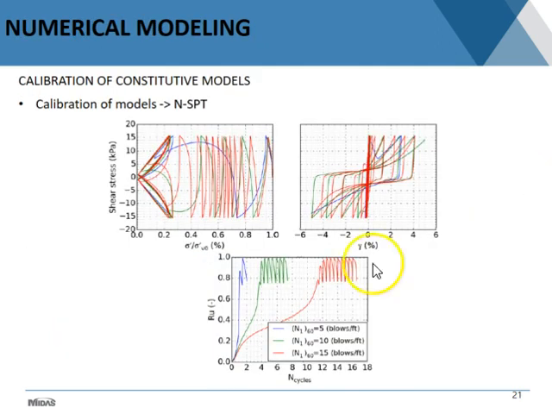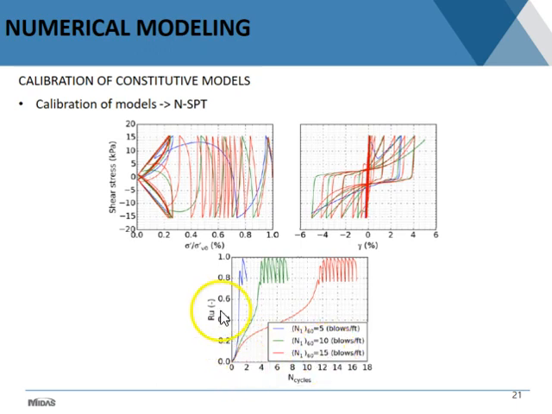Now, when you look at calibration, this is how the UBC SAND model looks, at least in general. It's a model where many parameters are connected to the SPT blow counts. In this case, this is just a numerical test of a sandy material, which is saturated and loose, with blow counts of 5, 10, and 15.